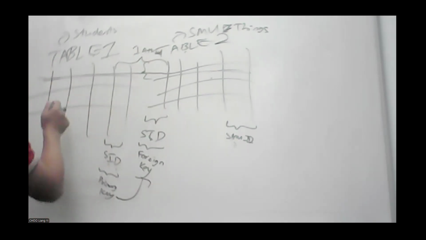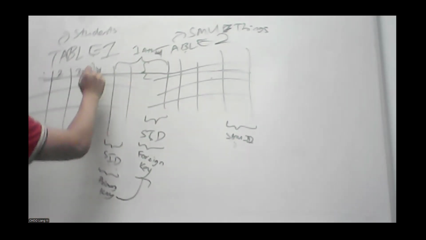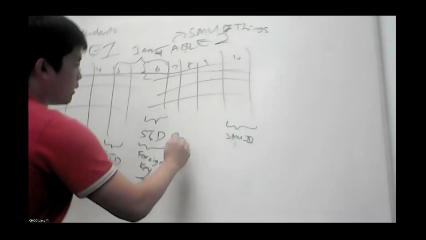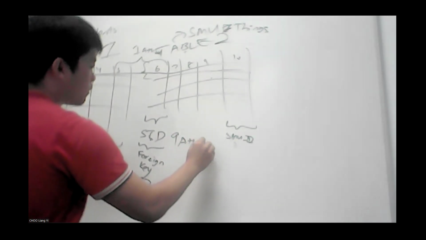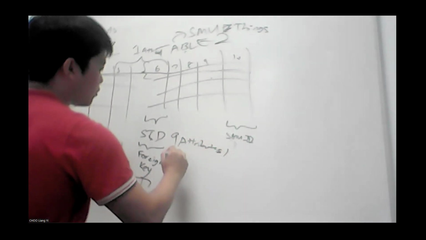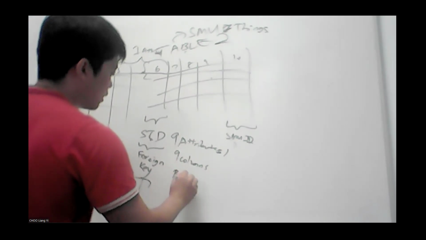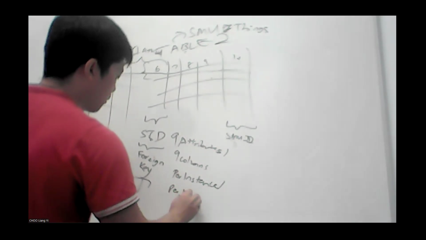Here, 1, 2, 3, 4, 5, 6, 7, 8, 9, 10, 10 columns or 10 attributes within one row, one instance. In the end, you get 9 attributes, or 9 columns, per instance or per row.